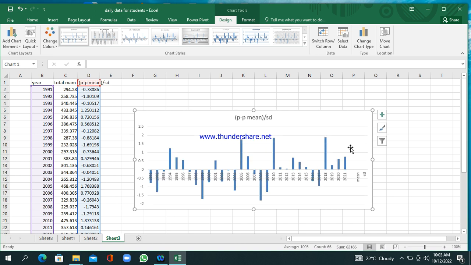So these are the wettest. The wettest years are at 2018, 2010, 2005. But the driest or driest also at 2008 and at 1991. So you have to select from this the most wet and the most dry.